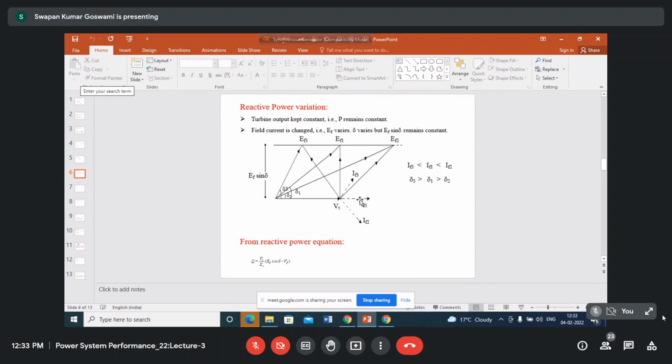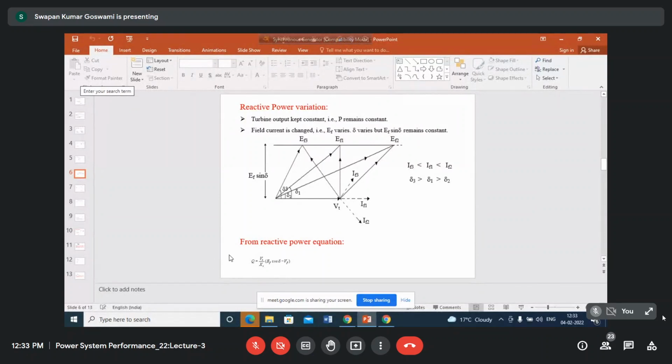That means the generator is now operating at leading power factor. So generator under excited means generator is operating at leading power factor. Generator over excited means generator is operating at lagging power factor. And when EF cosine delta becomes equal to Vt, then generator is operating at unity power factor.